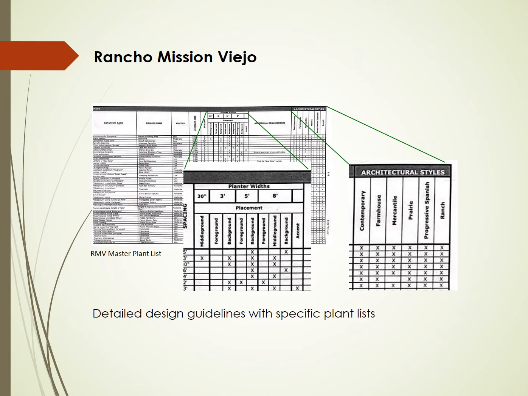And furthermore, it's classified by architectural style. That is, which plants go best with certain architectural elevation styles, such as contemporary, farmhouse, prairie, progressive, Spanish, mercantile, and ranch.